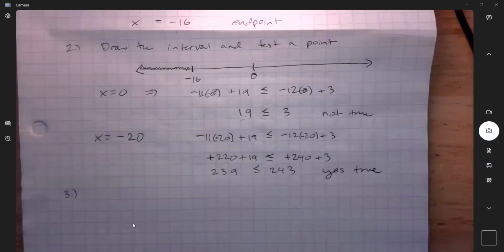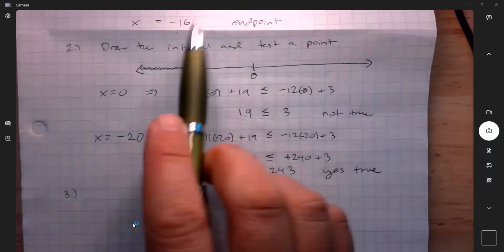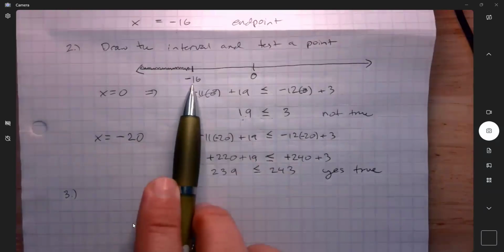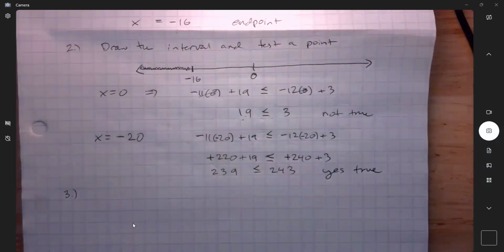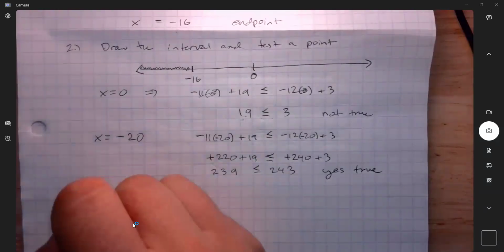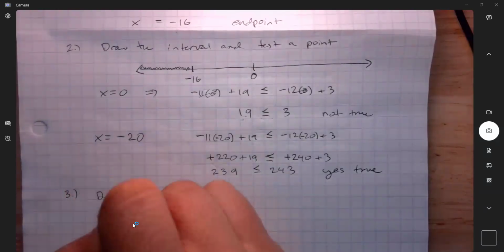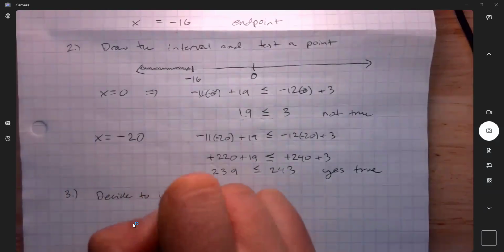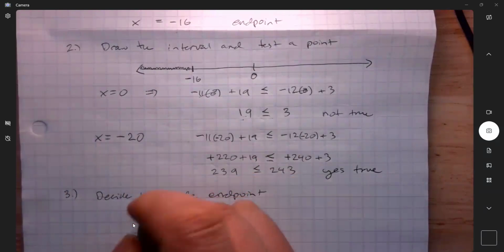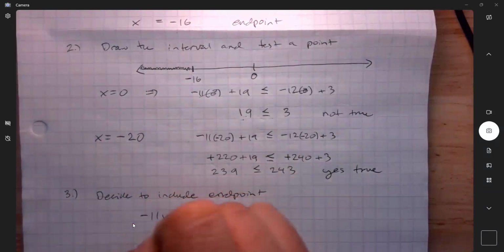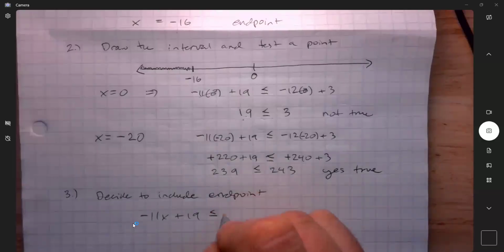Okay, so we found our endpoint -16. We tested our points. We know the interval is to the left. And so now we have to decide whether to include the endpoint. So we look at our original inequality, which was -11x plus 19 less than or equal to -12x plus 3.